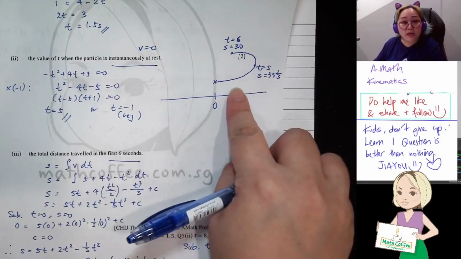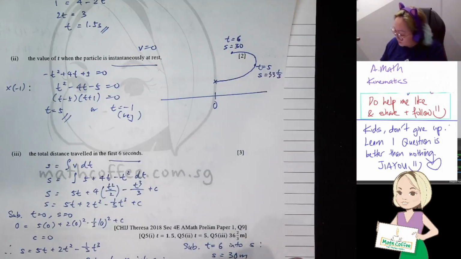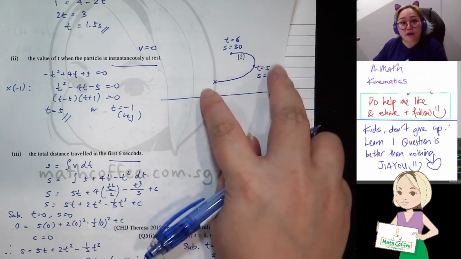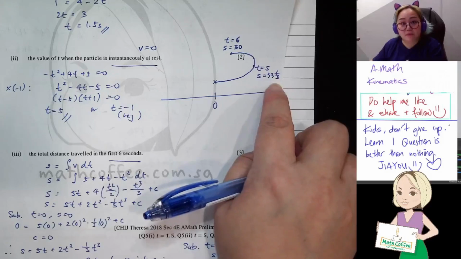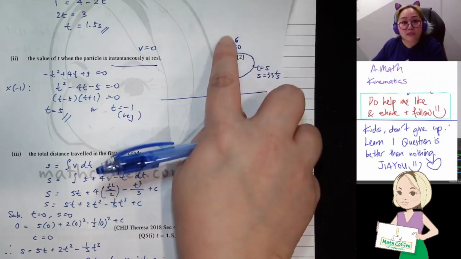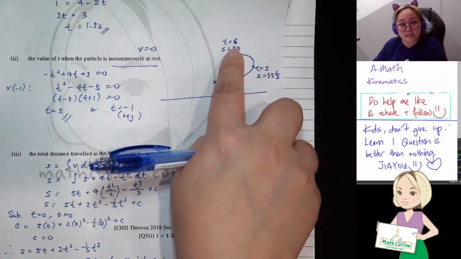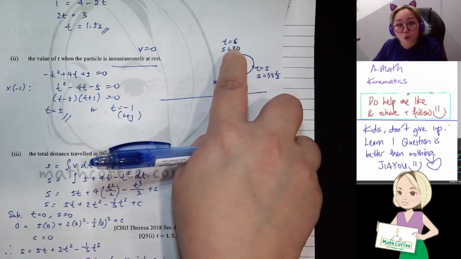So, by looking at the diagram, you will know that the distance traveled is, see, from 0 to 5, it travels 33 1/3. From 5 to 6, it actually only travels 33 1/3 minus 30, which is 3 1/3 only.